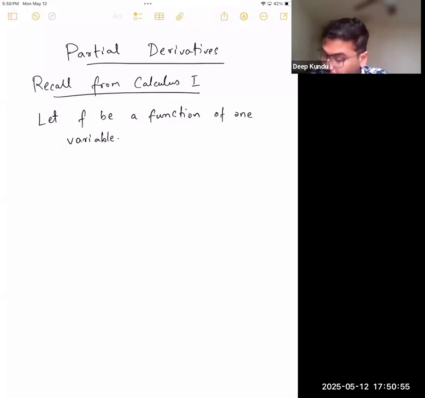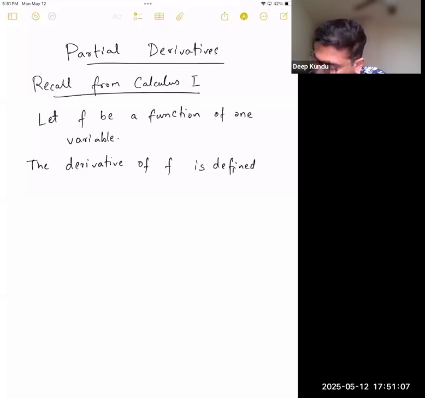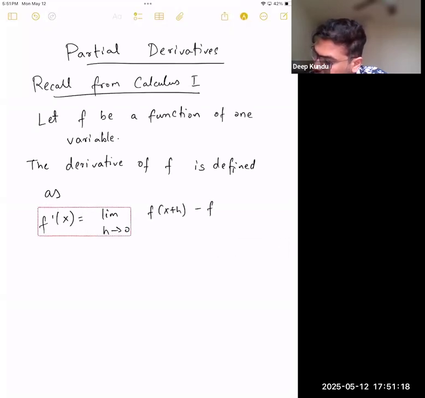So the derivative of f is defined as, so the notation is f prime of x. This is limit h approaching 0, f of x plus h minus f of x over h.